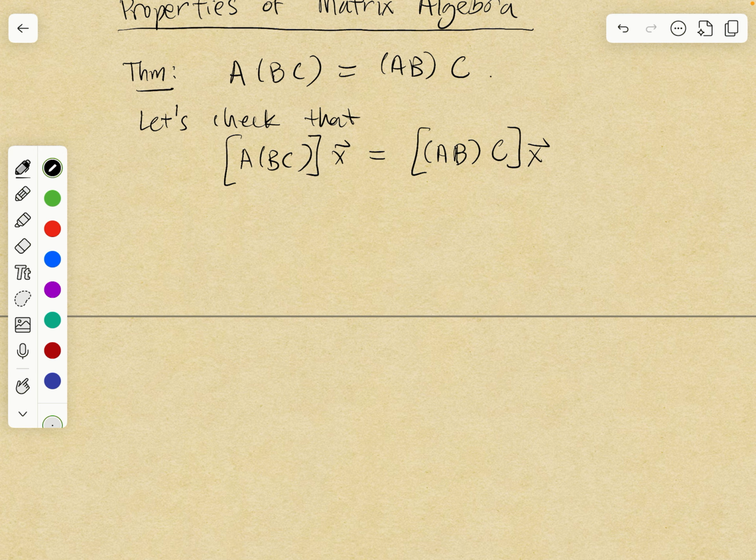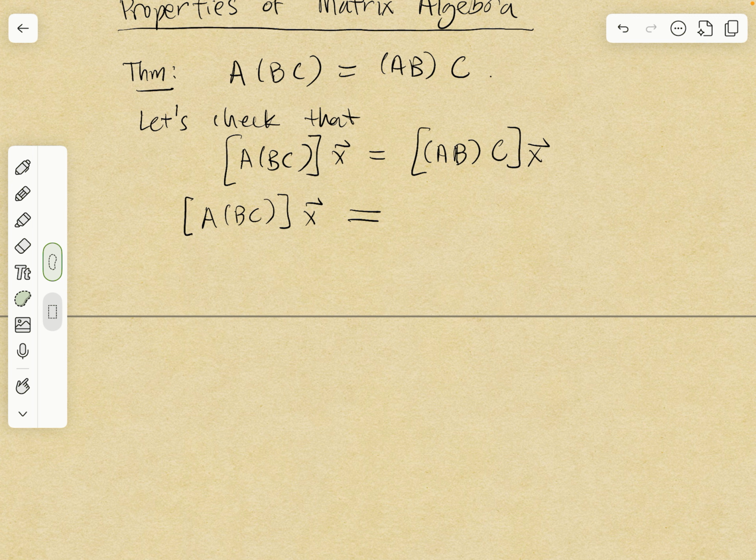So let's calculate the thing on the left. That's A times BC times the vector x. Well, by definition, I have this matrix A, and then I have this matrix BC. And so I have a product of these two matrices.